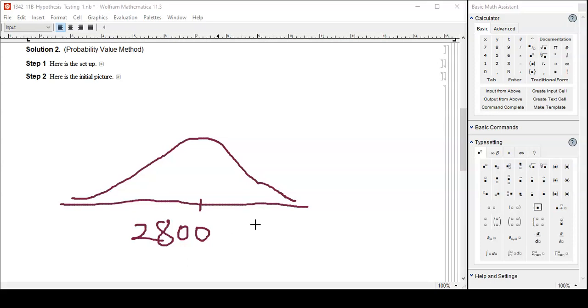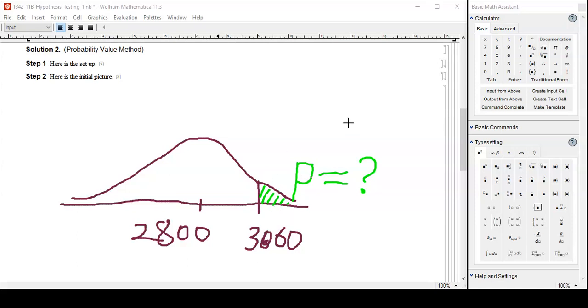And then we are looking for the probability that you end up with 3060 or more simply by sheer luck. 3060, so that's a sample mean. And this probability here, that is the question.